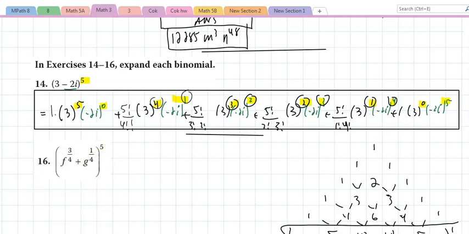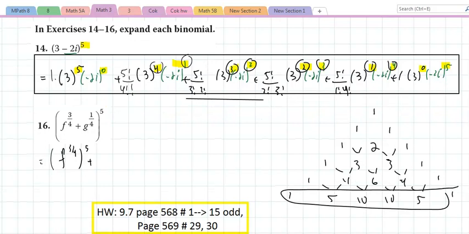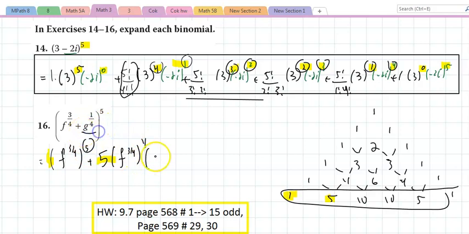I'm going to take this right here and I'm going to say this is going to be f to the 3/4 raised to the 5th power plus, and if I start filling the blanks, so a 1 right there, a 5 times f to the 3/4, so you start with a 5 and you go to a 4. That means the g to the 1/4 must be raised to the 1. Those must always add up to 5.